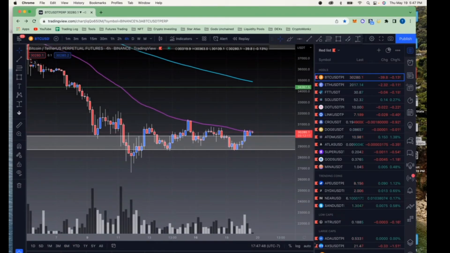Any other questions? I just dropped a bunch, and I don't think these candlestick patterns are easy to understand.